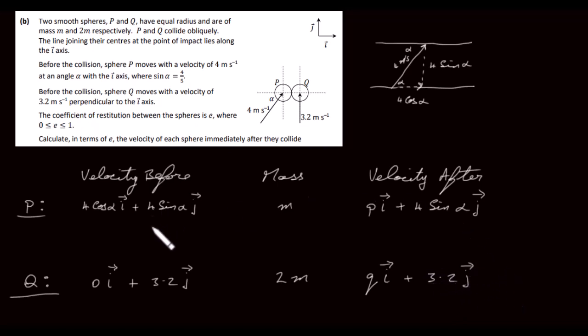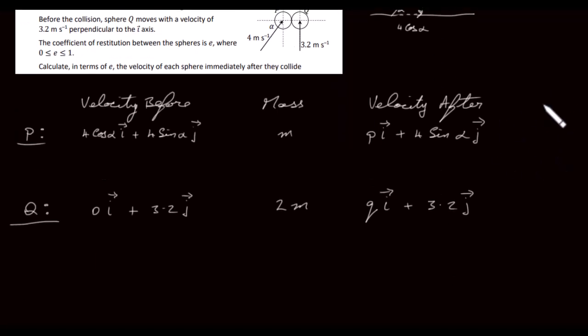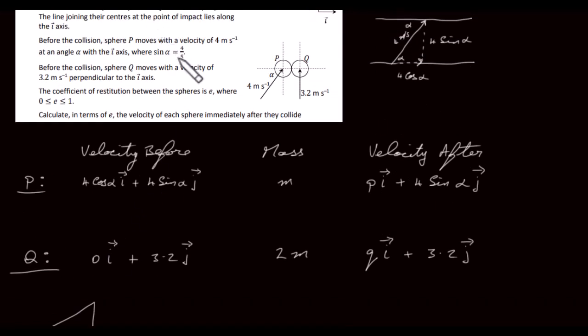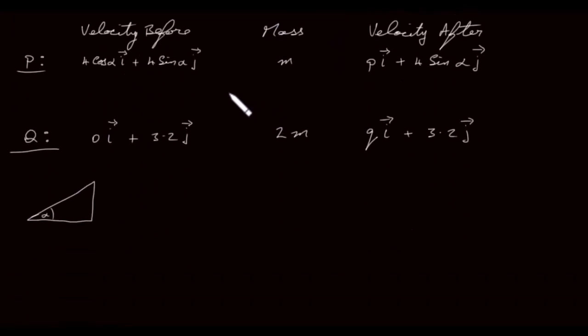Let's just work out our sines and cosines here. We know that the angle alpha is sine inverse 4/5. So if you imagine you've got a triangle, let's say this is our alpha. We know that the sine of alpha, we're told that in the question, is 4/5. So that means this has to be 4, this will be 5. And you can see this is a 3, 4, 5 right angle triangle.